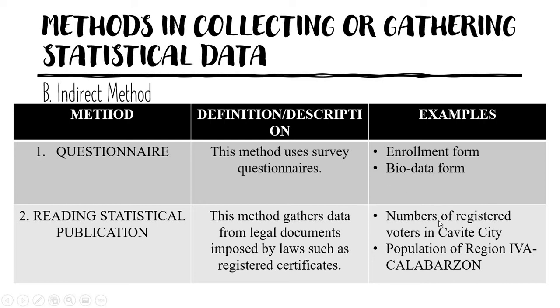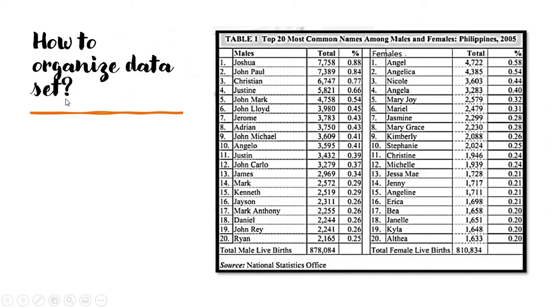So, examples are numbers of registered voters in Cavite City. And we also have the population of Region 4A, Calabar Zone. Yeah. So, ito pwede natin makita sa PSA website, diba? Philippine Statistics Authority. Kaya na dating NSO. Yan. So, tandaan natin yung mga methods na yan.